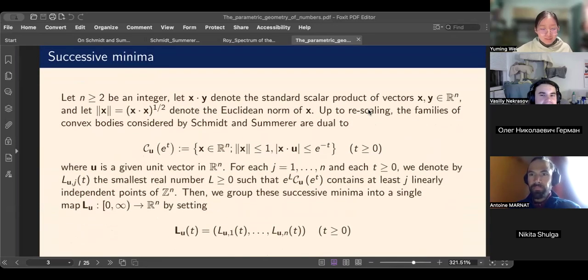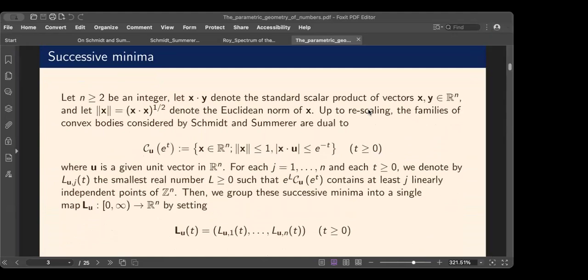So I will begin with Roy's construction. First, I think he defined a convex body which is different from the convex body considered by Schmidt and Summerer. In Schmidt and Summerer's convex body, I think the volume is a constant, and in Roy's paper, the volume of the convex body has a growth rate of 1.